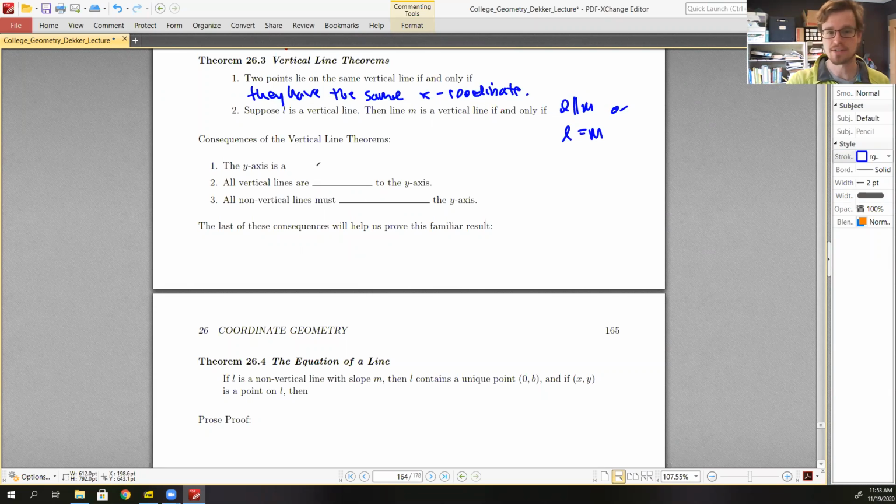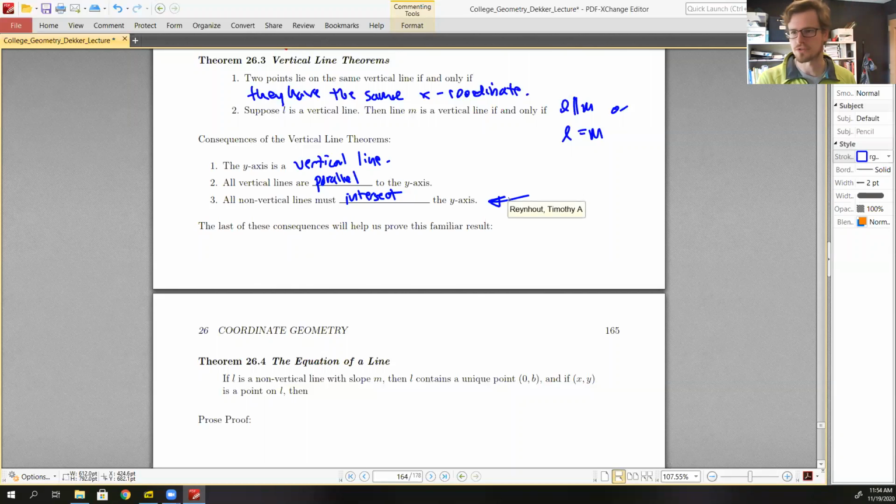So first, the y-axis is a vertical line. Excellent. And all vertical lines are parallel to the y-axis. And all non-vertical lines must intersect the x-axis. And this one is probably the most interesting.